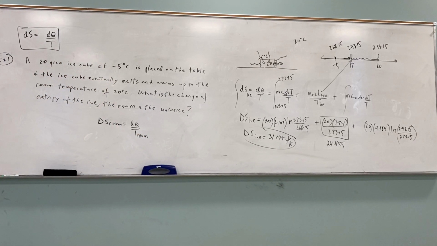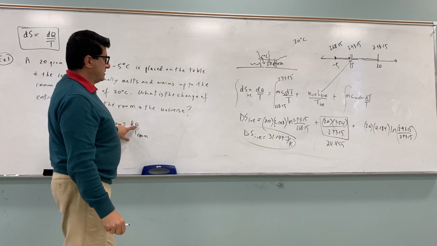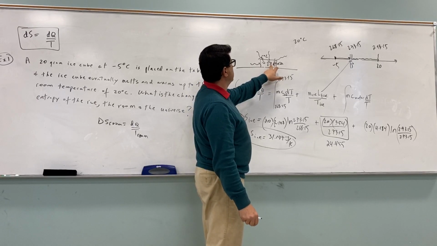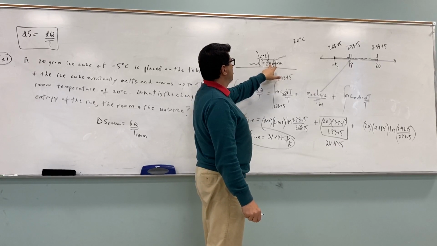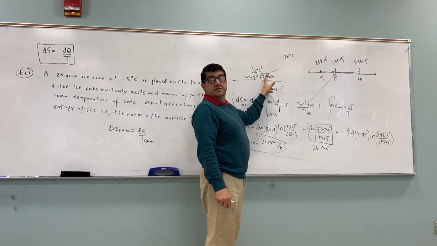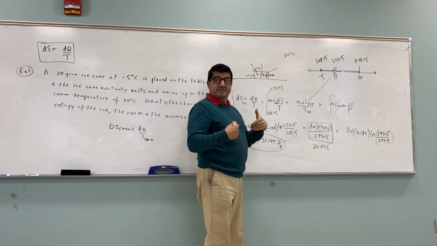The big difference, however, with the room and the ice is that even though the amount of heat is the same, the numerator is the same, you see? In other words, the heat that the ice is gaining is coming from where? From the room. So the amount of heat that the room is losing is equal to the amount of heat that the ice is gaining.